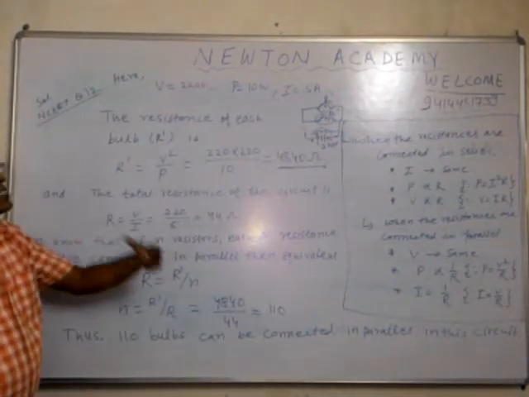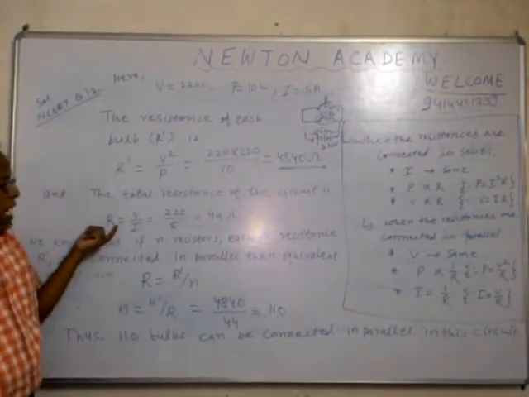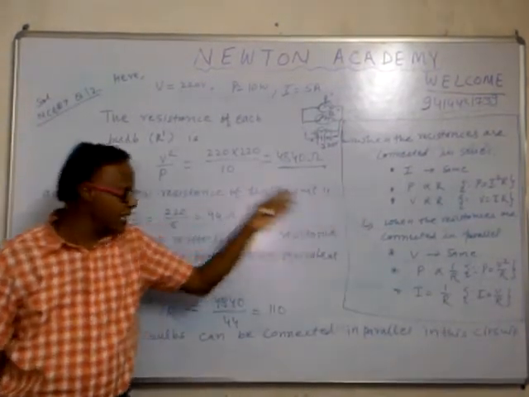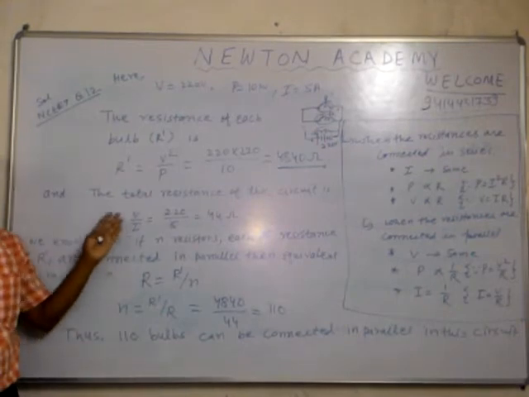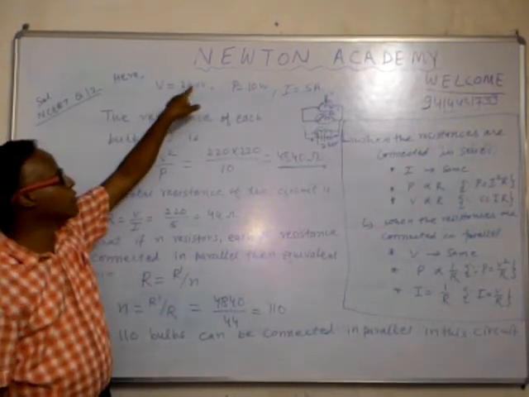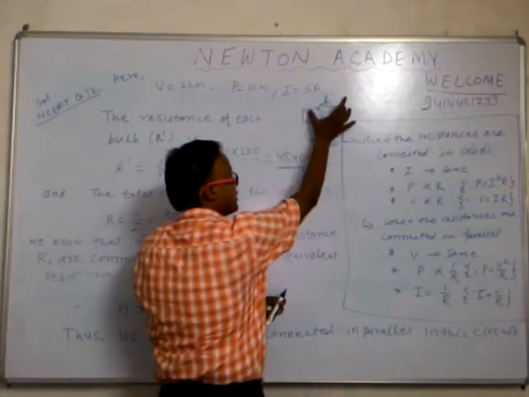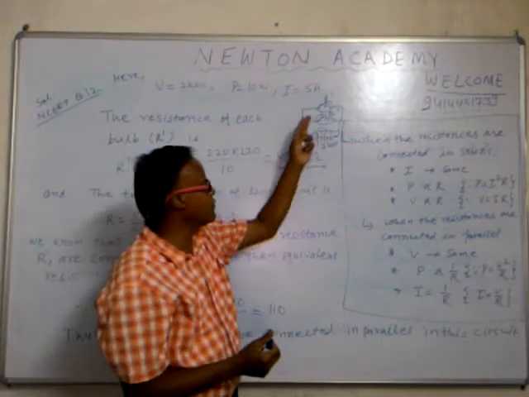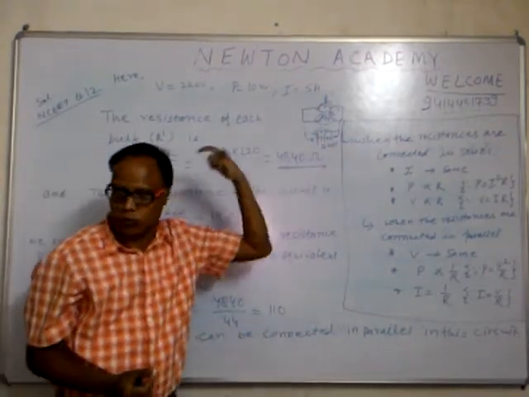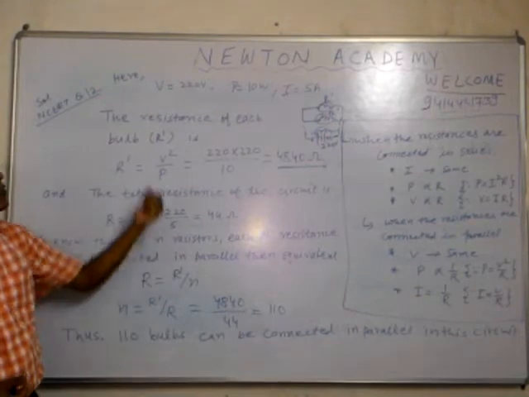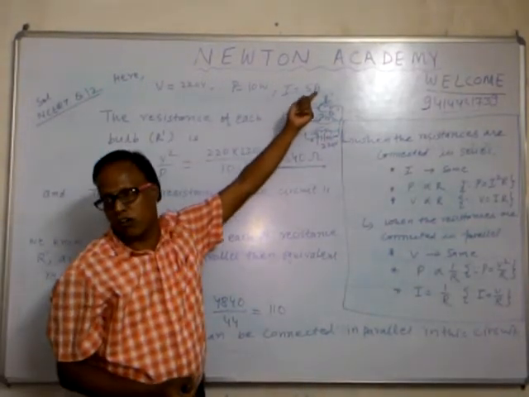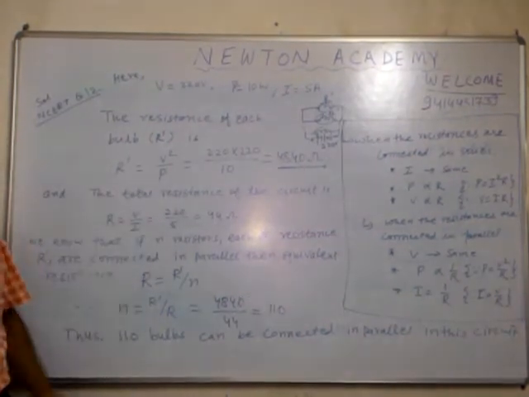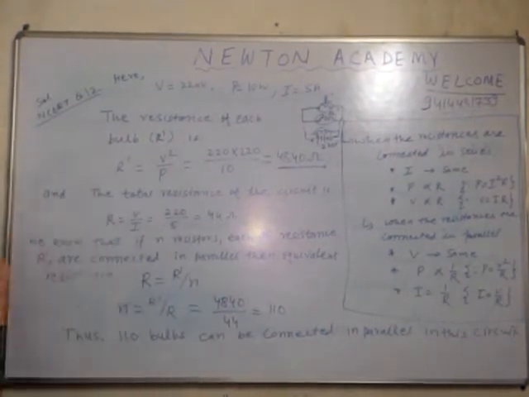That net resistance, I assume it capital R. Therefore, the total resistance of the circuit by Ohm's law is R is equal to V by I. The value of voltage is 220 volt because they are connected in parallel to the supply voltage, so the voltage of each bulb becomes 220 volt. So 220 volt upon the maximum current we can draw, 5 ampere. After simplification its value is 44 ohm.